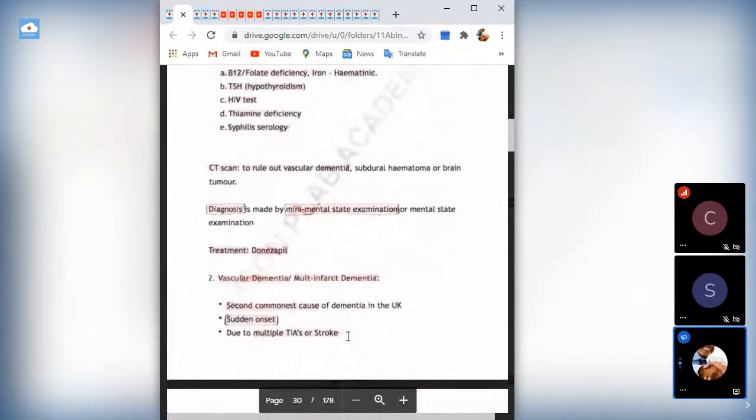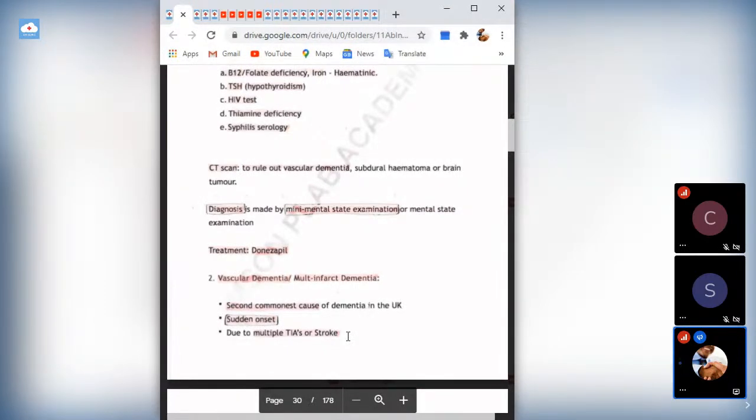So you can also do a CT scan to rule out vascular dementia, subdural hematoma, or brain tumor, okay? I think I would even suggest that you do a brain MRI for any collections and any other mass.